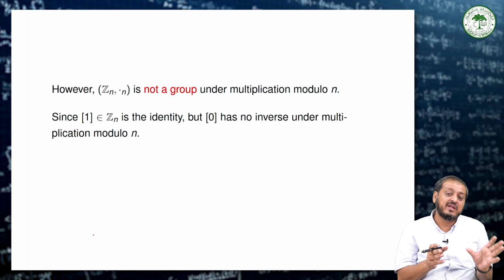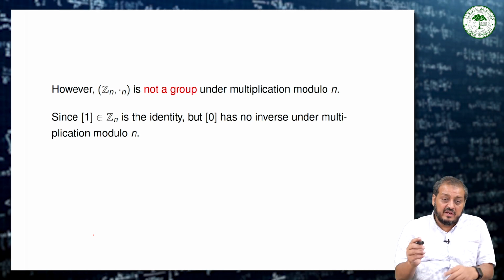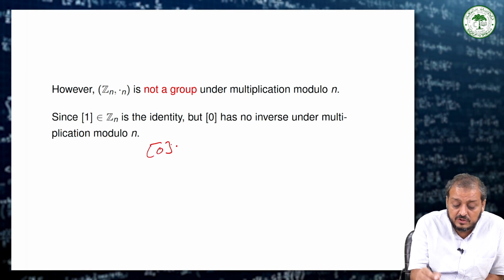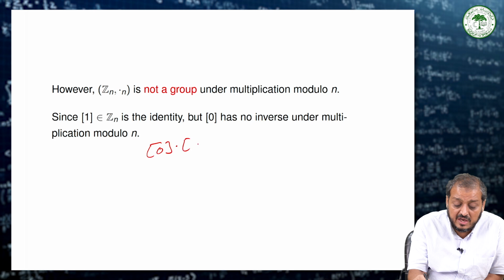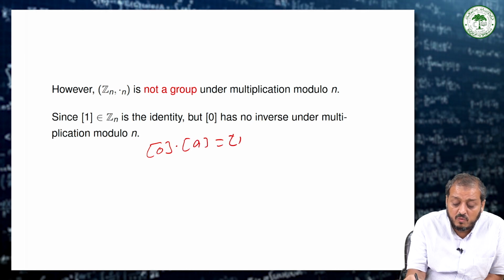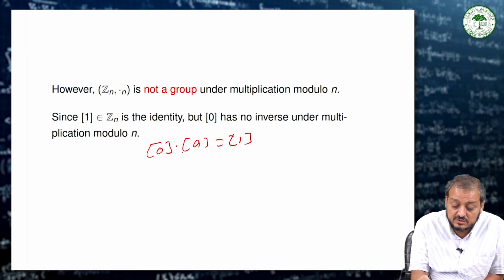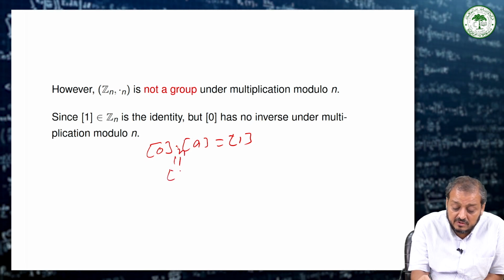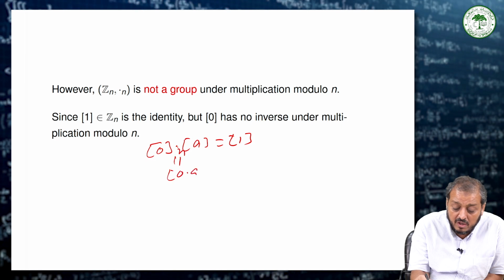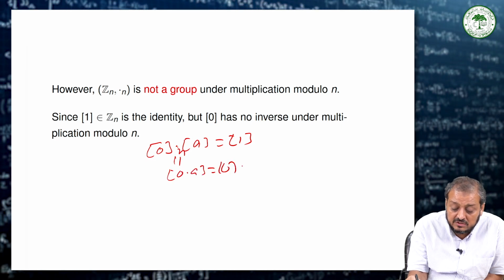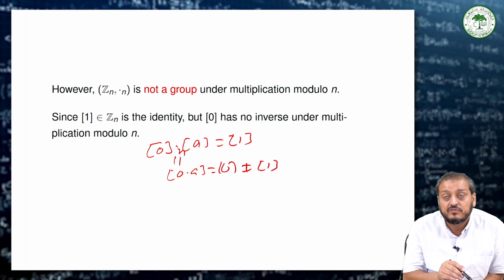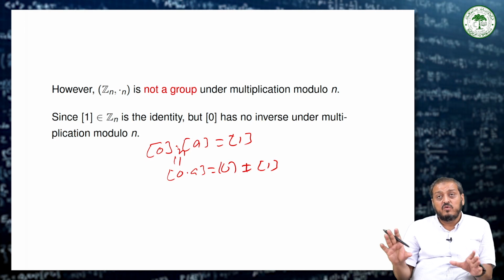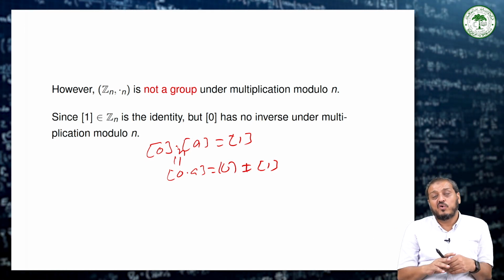We cannot find any element such that the equivalence class of 0 times any equivalence class gives 1. This can be written as 0 times a, which is equal to 0, and this is clearly not giving the equivalence class of 1. So 0 does not have an inverse under multiplication modulo n.